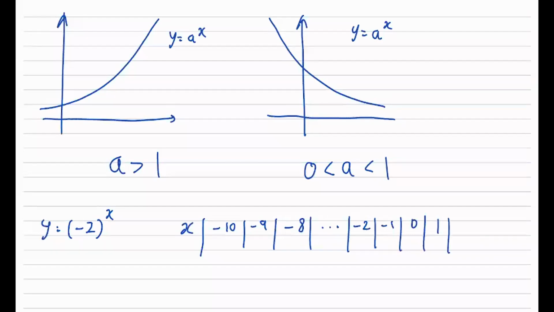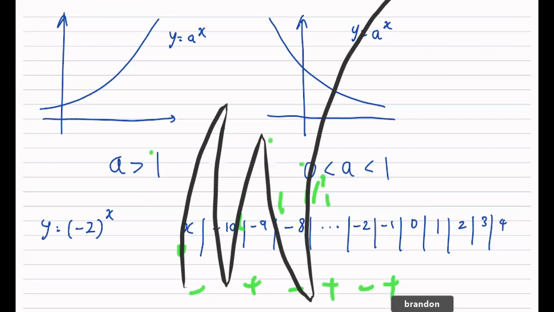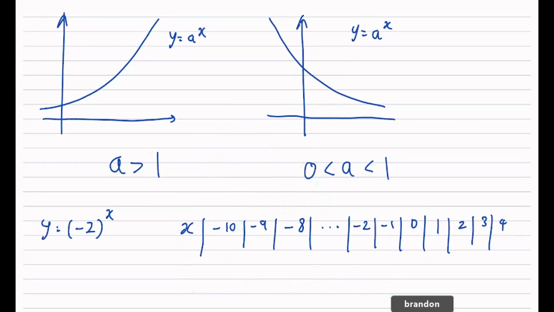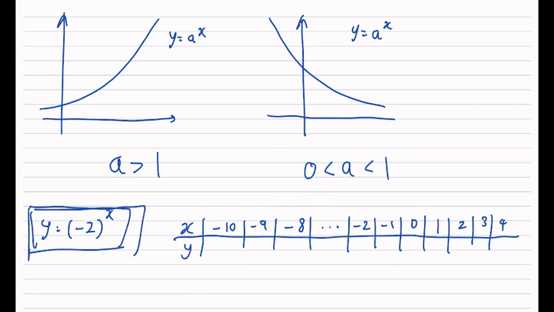You realize that the graph is very erratic, very weird. It just keeps on going negative, positive, negative, positive. You go up, down, up, down. So that's why we try not to deal with this. We box it up and we ignore it because it's very confusing to deal with.